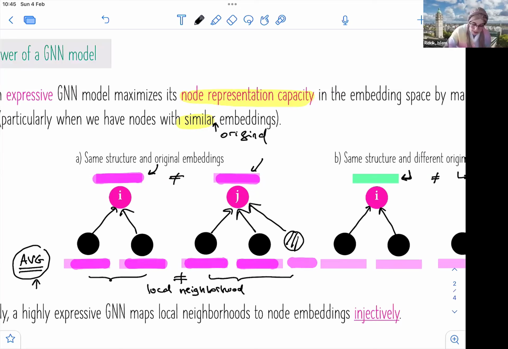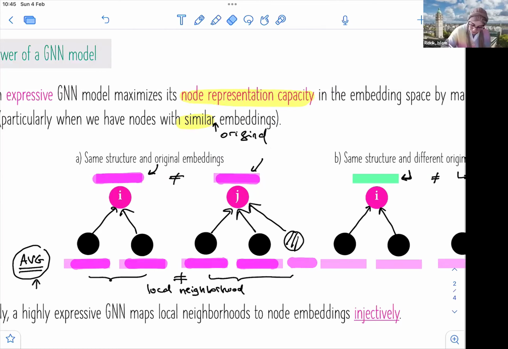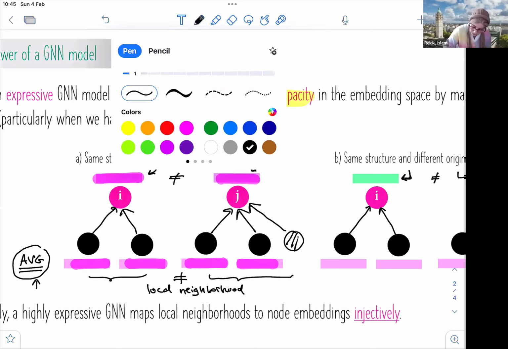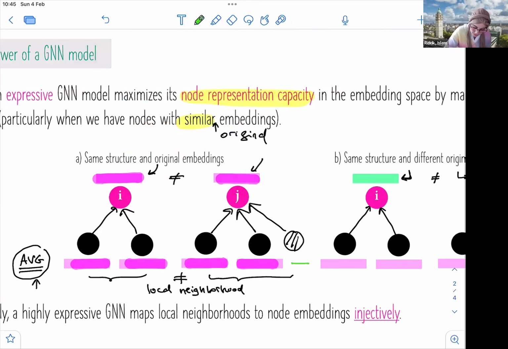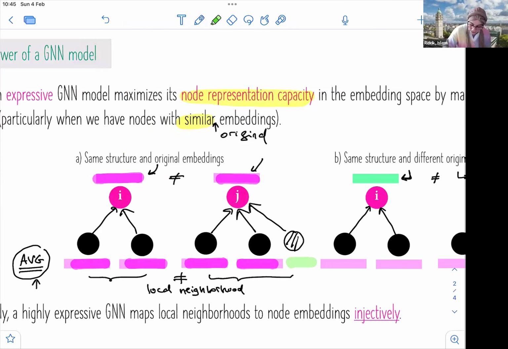So let's have another scenario, okay? Let's say that I'm going to give a green vector here. So I'm going to put a different initialization. So this node will have a green embedding. Now if I do the averaging, you will see that somehow this will be influenced.